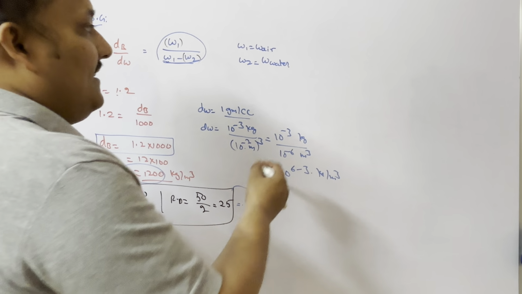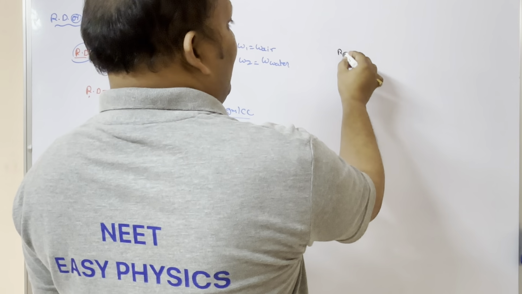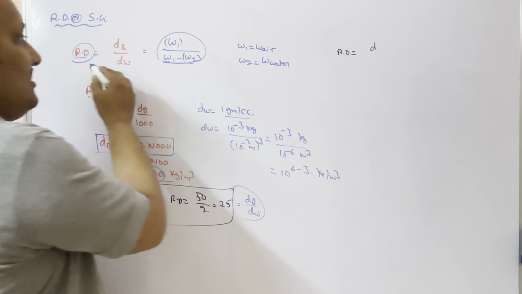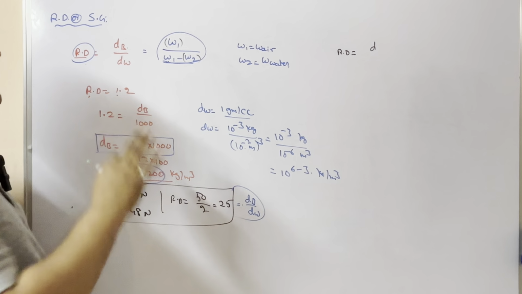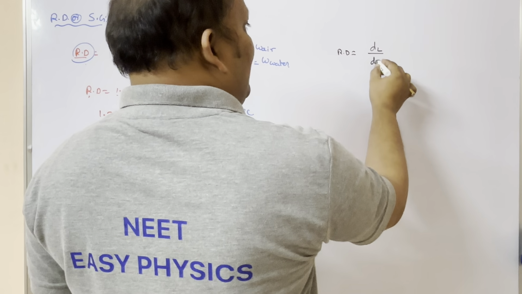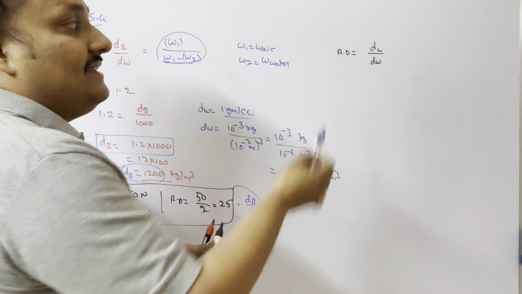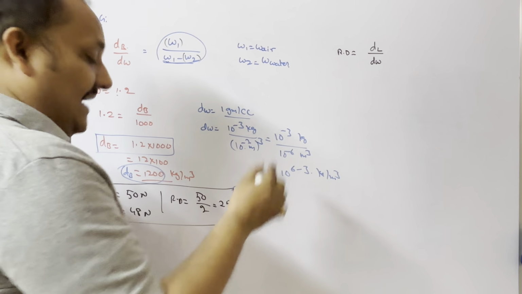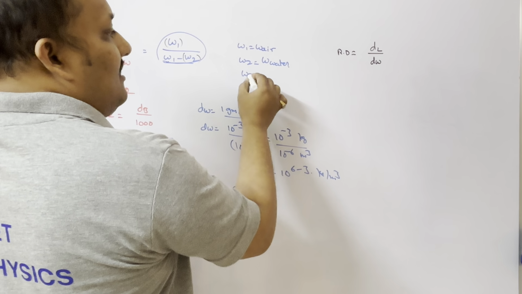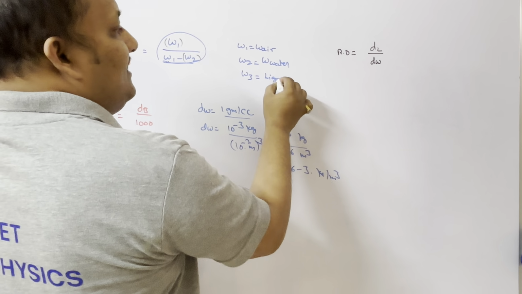Next, they will ask the relative density of the liquid. Relative density of the body means density of the body divided by density of water. Relative density of the liquid is the density of the liquid divided by the density of water. At that time, you should calculate one extra physical quantity, the weight of the object in that liquid.